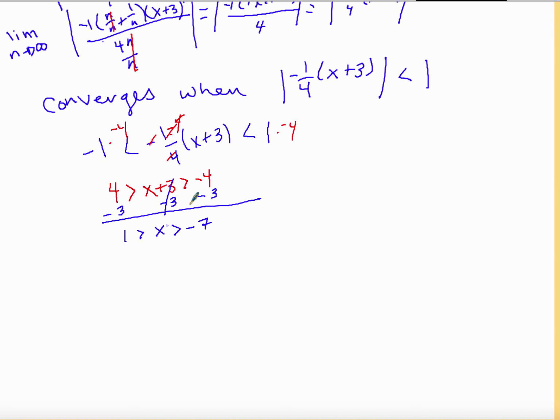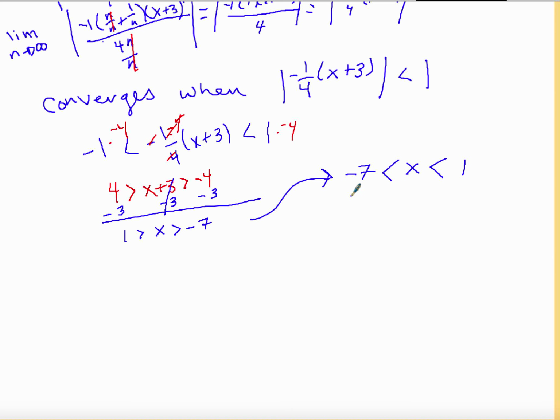And I like to have my smaller values to the left and my larger values to the right. So I'm going to rewrite this so it says negative 7 is less than x is less than 1. X is larger than negative 7. So I'm going to face my inequality the way it's supposed to be. And x is smaller than 1. Again, face my inequality as it's supposed to be.